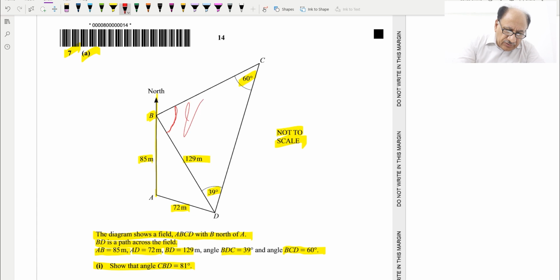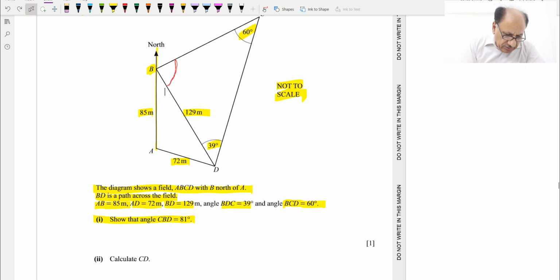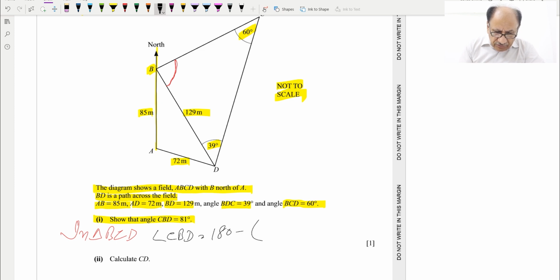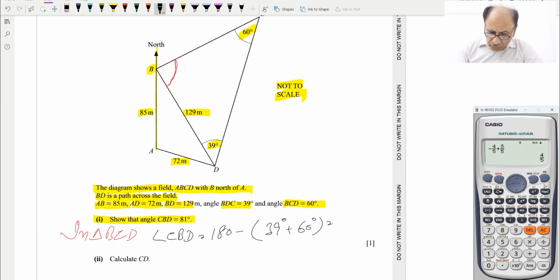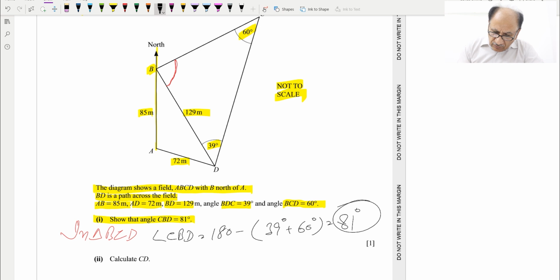We are considering this triangle, and in triangle BCD, angle CBD is equal to 180 minus 39 degrees plus 60 degrees, and this will be equal to 180 minus, 39 plus the other angle 60, adding, this will be 81 degrees. This is what we have shown.